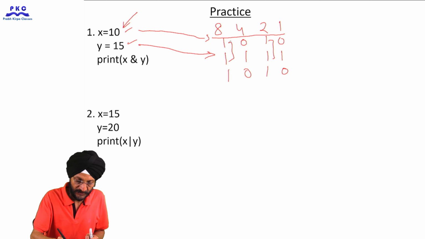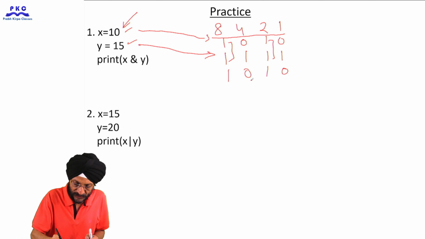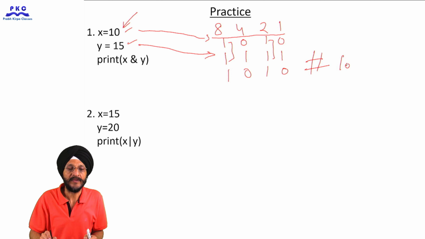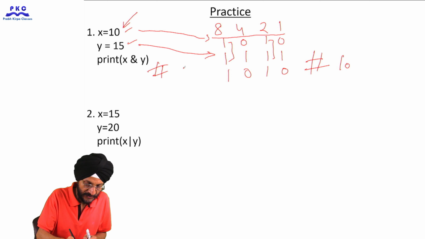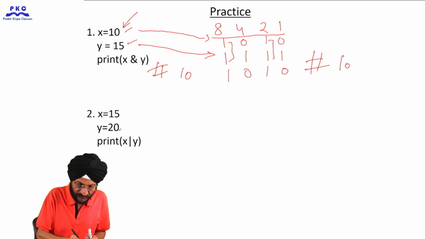Both the bits are 1, otherwise 0. Both the bits are 1 here. So what is the outcome? The outcome is 8 plus 2. This is 10. So here the output is 10. Next is X 15, Y 20.